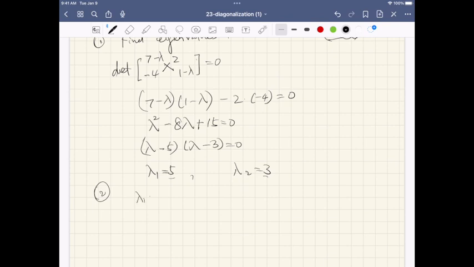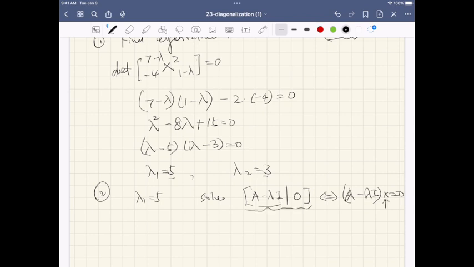For lambda 1 equals 5, what I will do is solve the homogeneous equation A minus lambda I times x equals 0. So you want the augmented matrix.